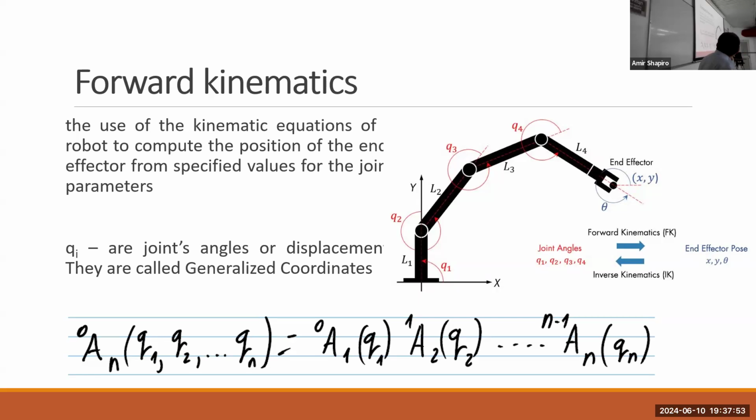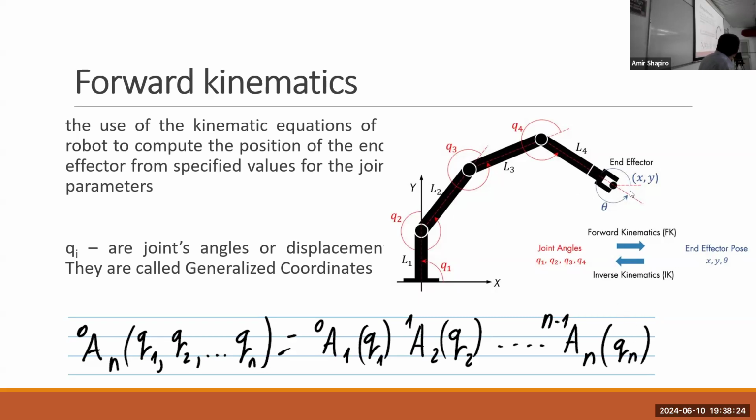And then if I want to know the location of a point on the end point of the robot, I simply need to transform it from the most external frame to the initial one.